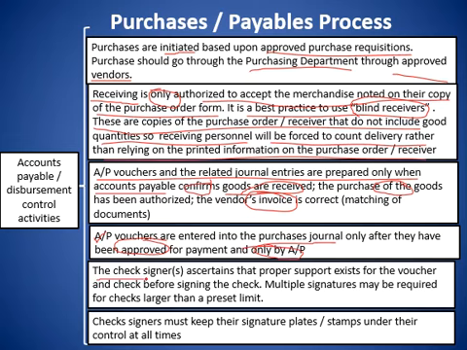The check signers ultimately ascertain that the proper support exists for the voucher, and then they check before signing the check for that. Multiple signatures may be required for checks larger than a preset limit. In other words, in some cases, a single signatory will review the voucher packet and sign the check as an authorized check signer.